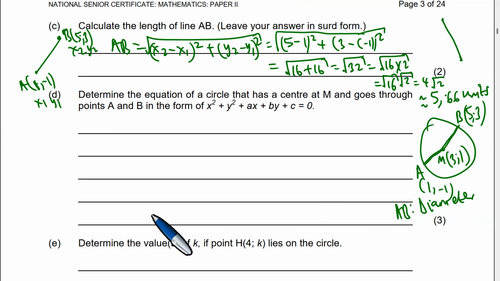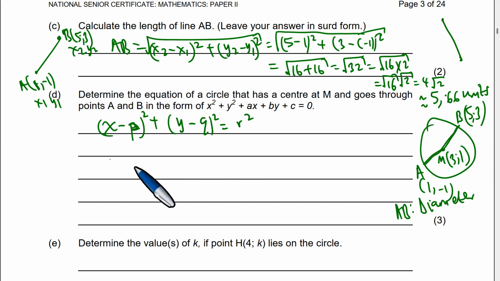So now, if you want to find the radius, you must just divide this by 2. So what is the equation of this circle? It's going to be x minus a, that is the formula, squared. Maybe I can put p here, because the examiner has already used a and b, so it can create ambiguity. So you can say y minus q, squared, it doesn't matter the symbols using the formula.